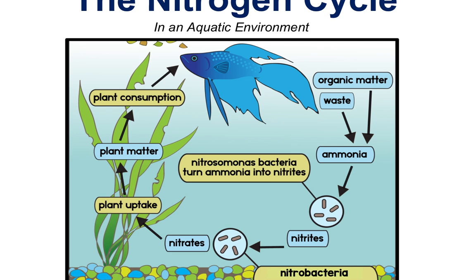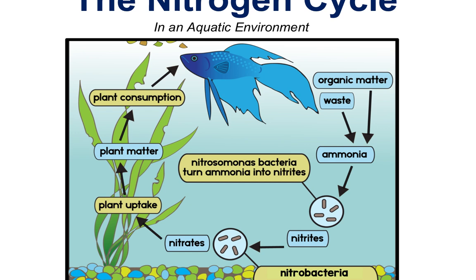So let's just take a fish. This is a betta fish. These should look familiar to a lot of you. A betta fish eats food, either through plants or we feed it, and that betta fish is going to produce waste in the form of urine and, of course, solid waste. There's also other organic matter floating around inside of your fish tank, or in a lake.